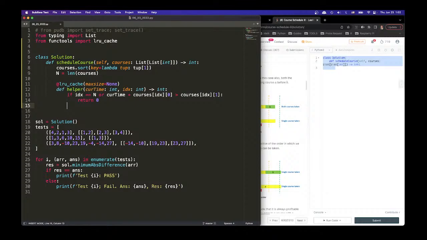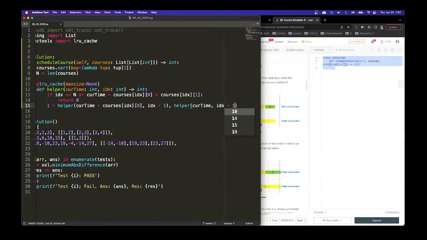I choose to take or I don't take. If I take my class, that's 1 plus helper, so it'll be current time plus courses index 0, index plus 1, or if I don't take it, which is just current time and index plus 1.